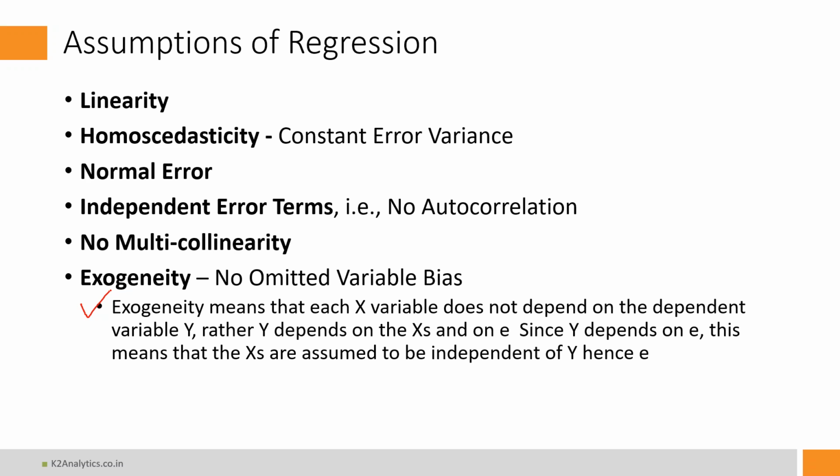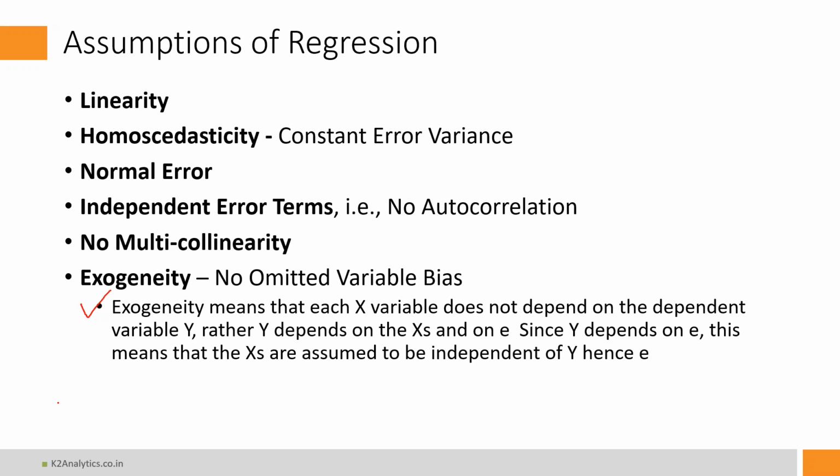Income should not be dependent on expense in any way. Expense definitely is my dependent variable. It has to be a function of the independent variable. However, the reverse causation should not happen. So each independent variable should not have any dependency on the dependent variable.